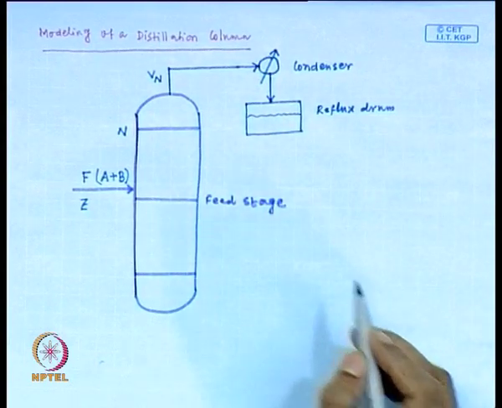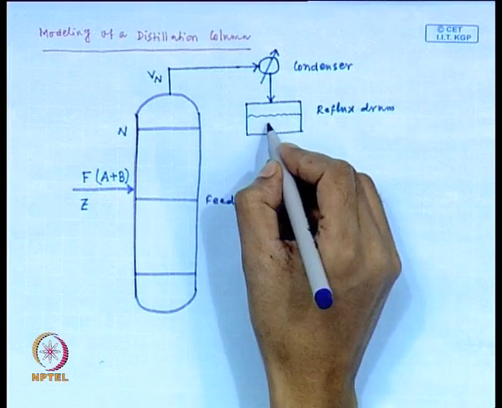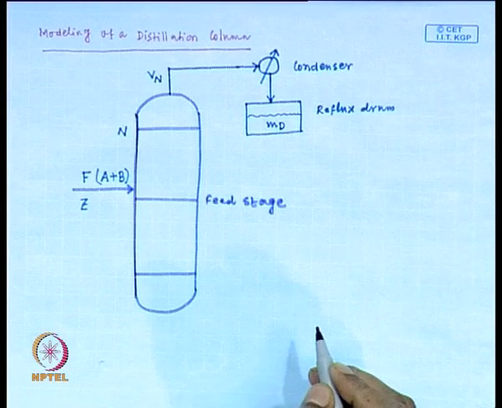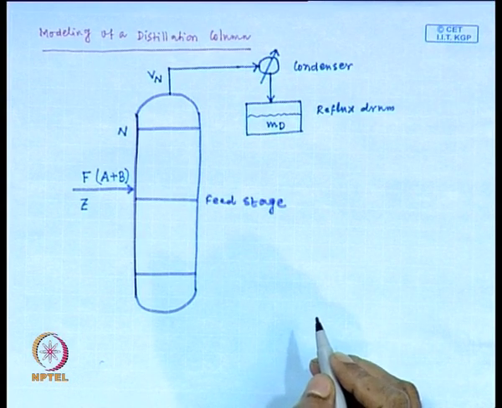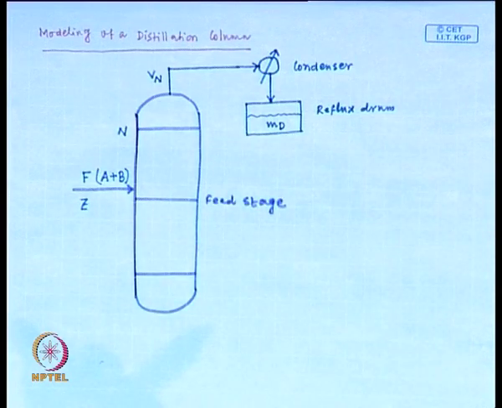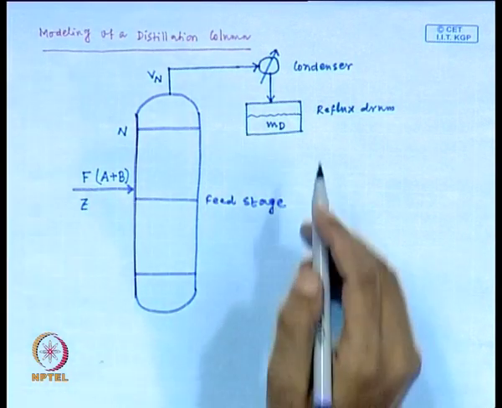Suppose the hold up of this condensed liquid in the reflux drum is MD.